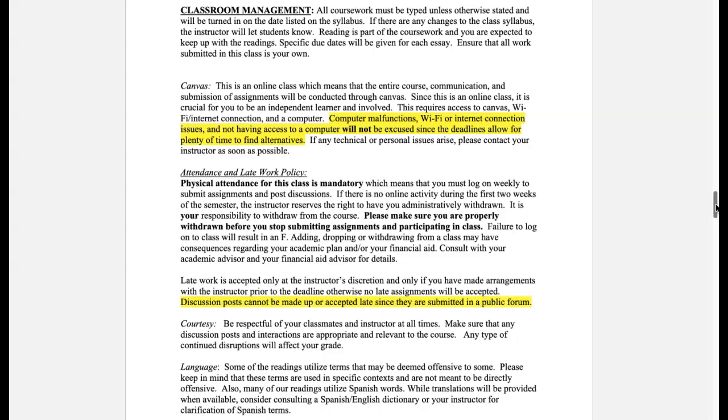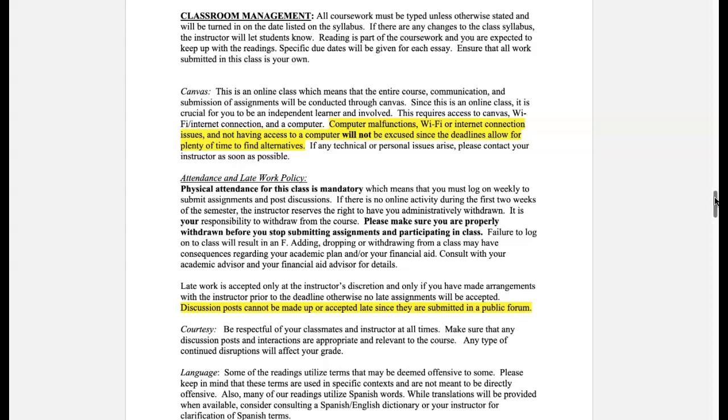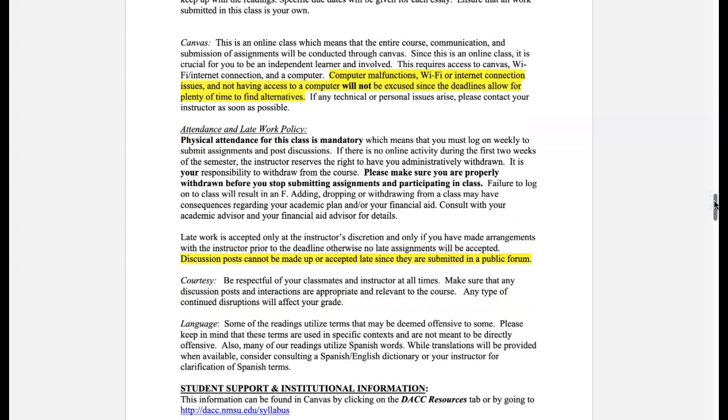So just keep in mind that I am understanding, but there's only so much work that I can allow to be submitted late. Even if you are going through a very serious situation, there is only so much that I can allow to be turned in late. But like I said, please make sure that you talk to me if you need to submit something late. If it's within reason, I can go ahead and work with you.